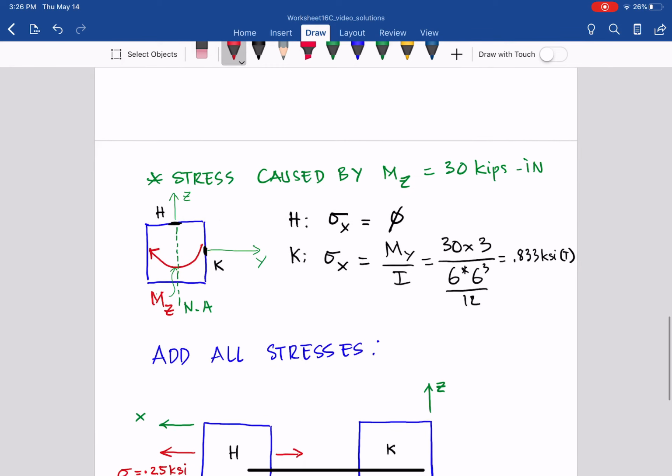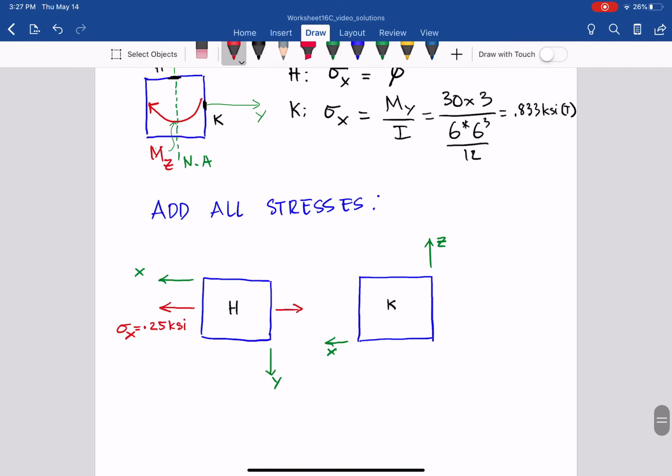So from that, negative on the X plane means opposite of the positive X plane on the left, and it is opposite the Y direction, so that will go this way, and of course that will go that way. So that is 0.0833 KSI, and that is tau XY.